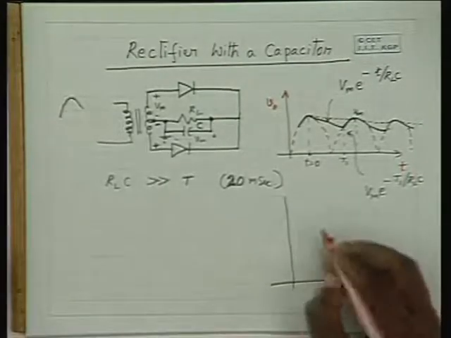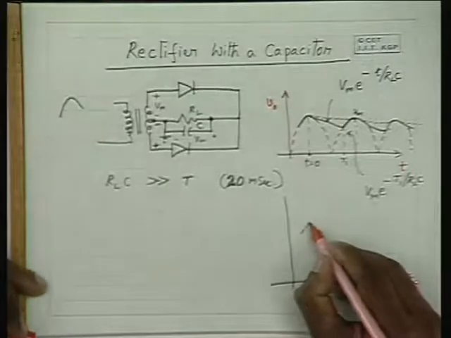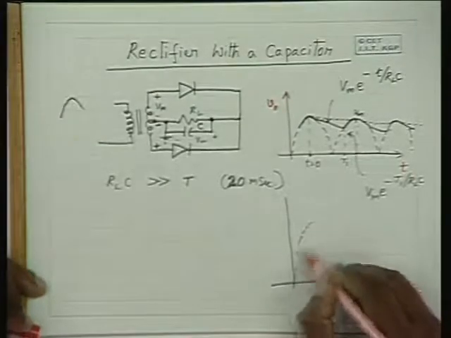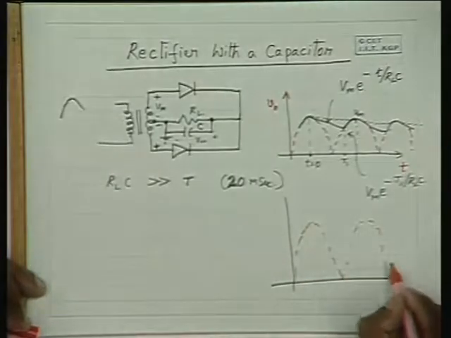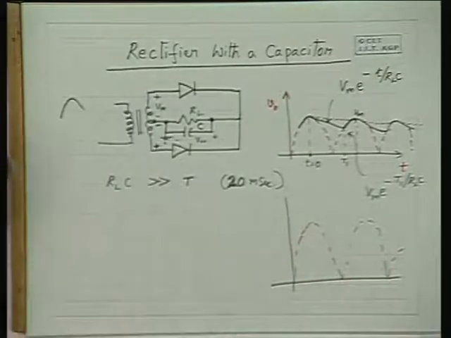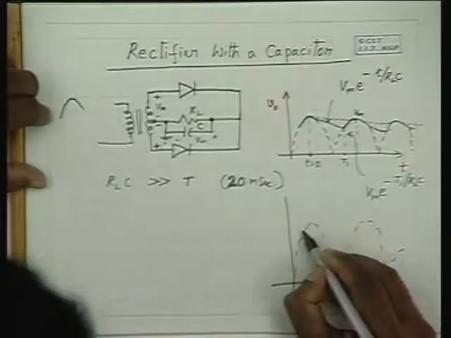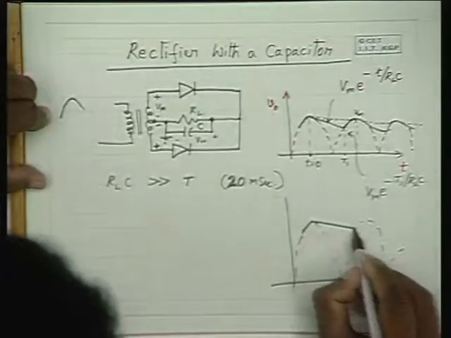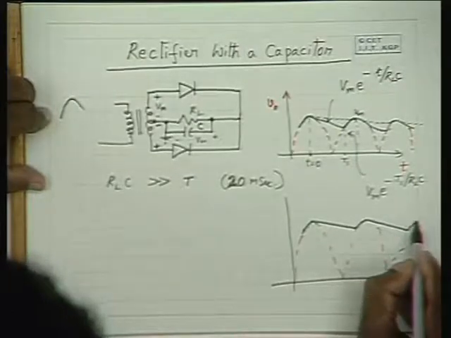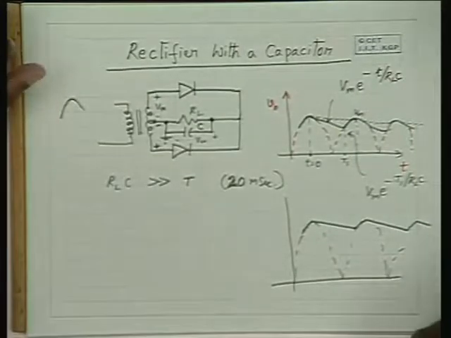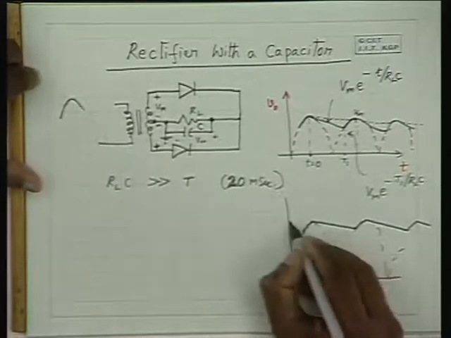the charging and discharging voltage as a triangular waveform. This can be approximated by a triangular waveform with the peak equal to Vm.